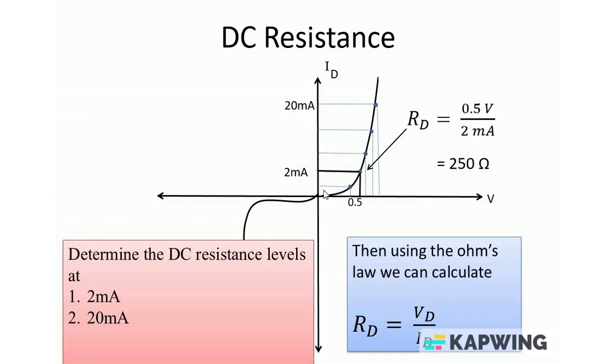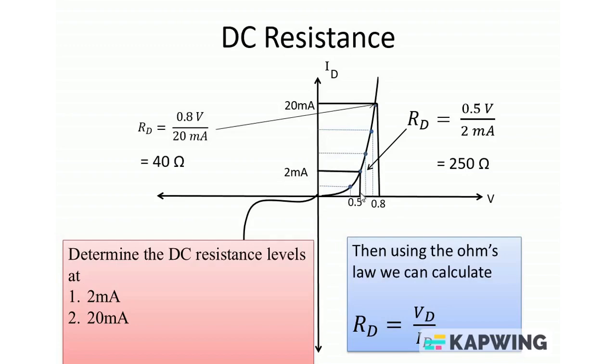Then we consider case 2. Here more current is flowing, 20 milliampere is flowing in the device. Using this graph we can measure that the applied voltage is somewhere around 0.8 volts, and we put the values in the equation. We will get a new DC resistance value. This is 40 ohms.